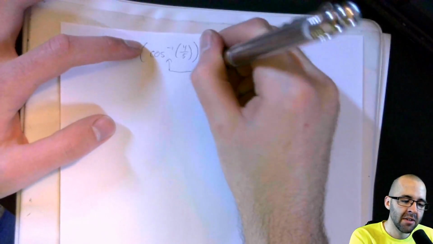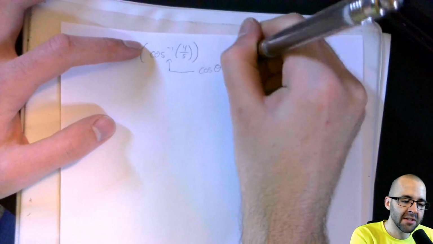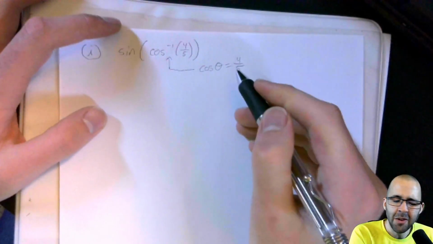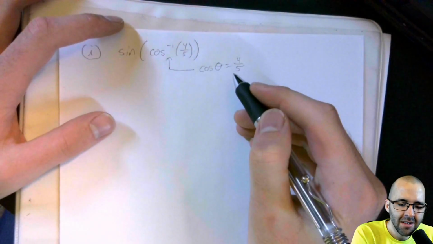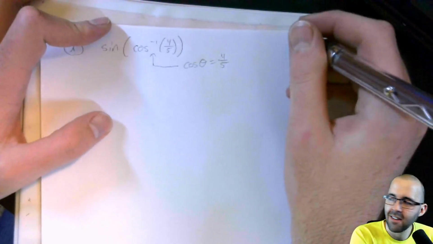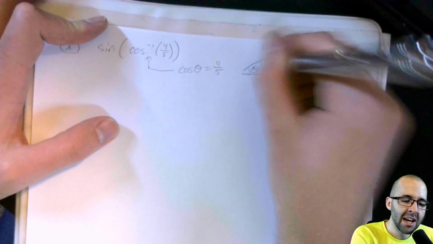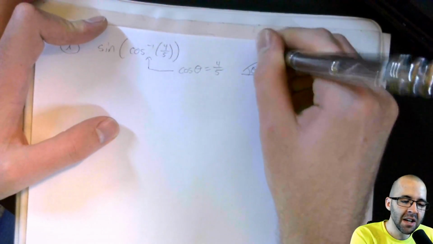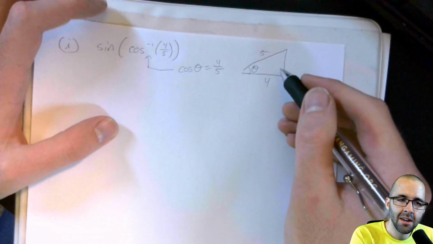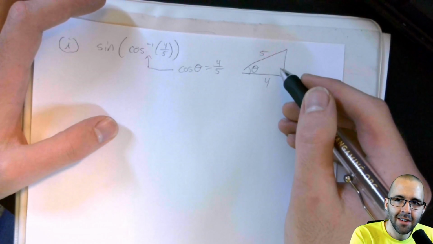So let's look at this inside part. Essentially, this is cosine of what angle gives us 4/5. We don't really need to know the angle. We can just draw it. Cosine of what angle is 4/5? Wait a minute. This is very similar to example 3.